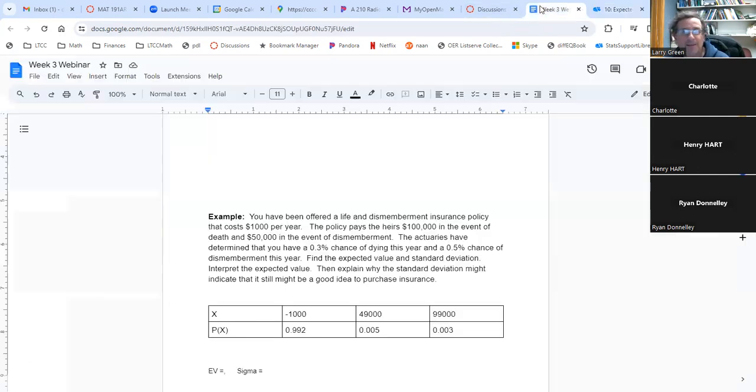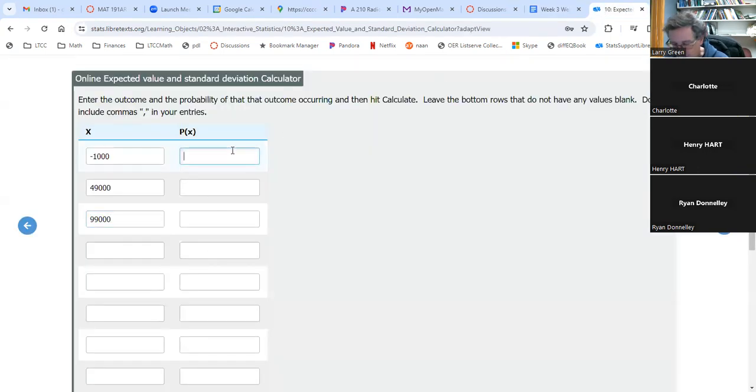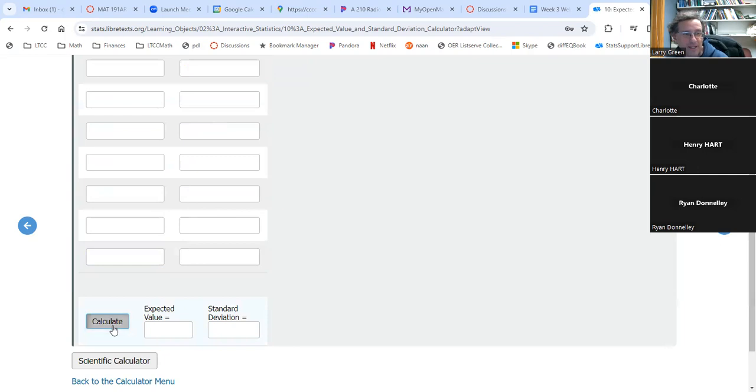The probabilities were 0.992, 0.005, and 0.003. Any questions on that? We go ahead and we hit calculate.